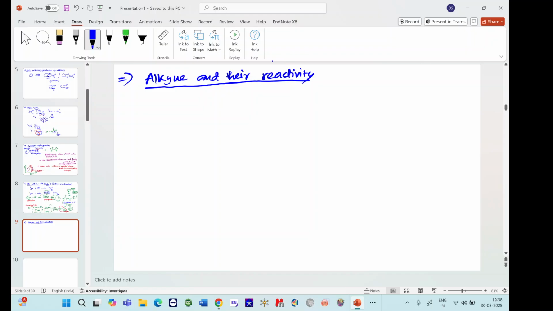So think of the simple alkyne, which is acetylene or ethyne. We already discussed so much about this.